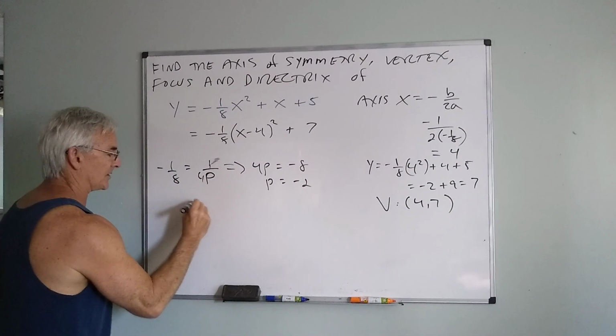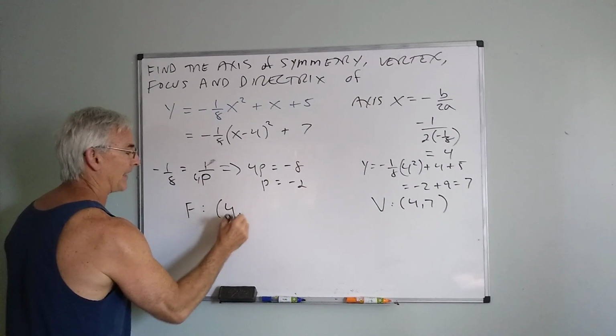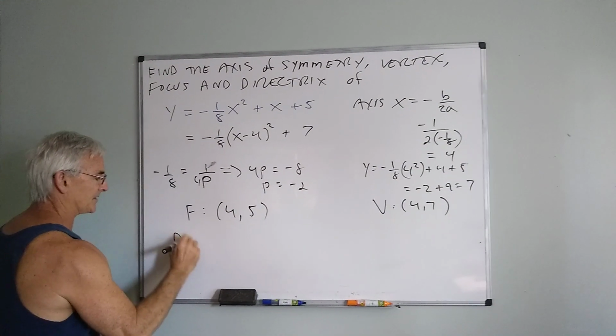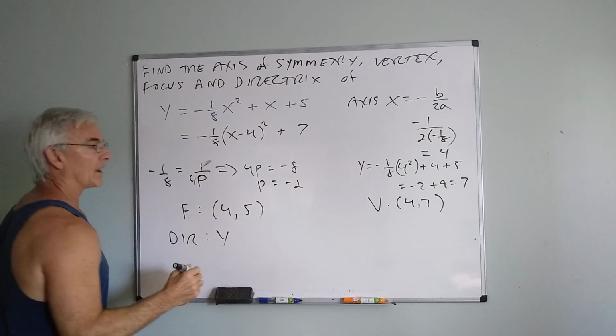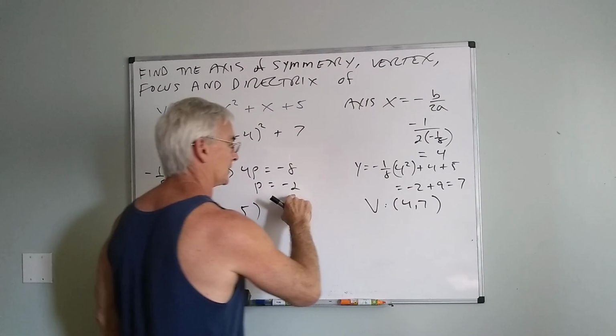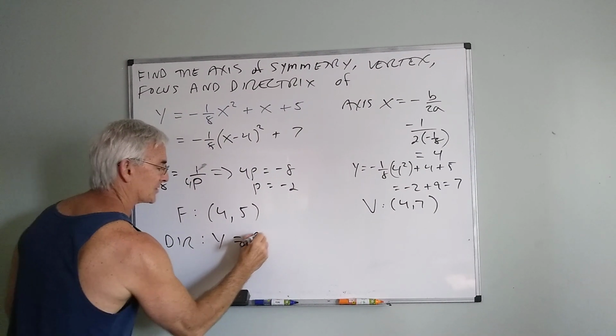That means our focus will be 4 and then 7 plus negative 2. The directrix is the line where I'm going to subtract this. So I'm going to have 7 minus negative 2, or 9, and it's this horizontal line.